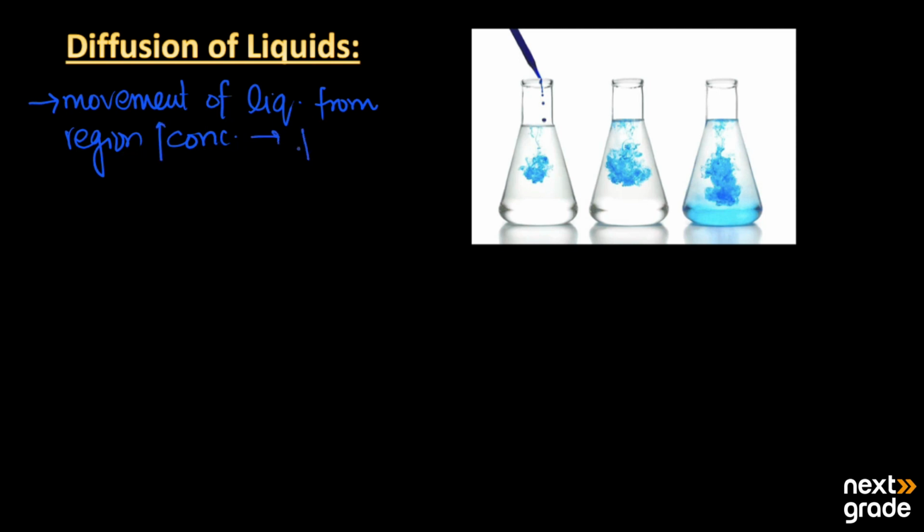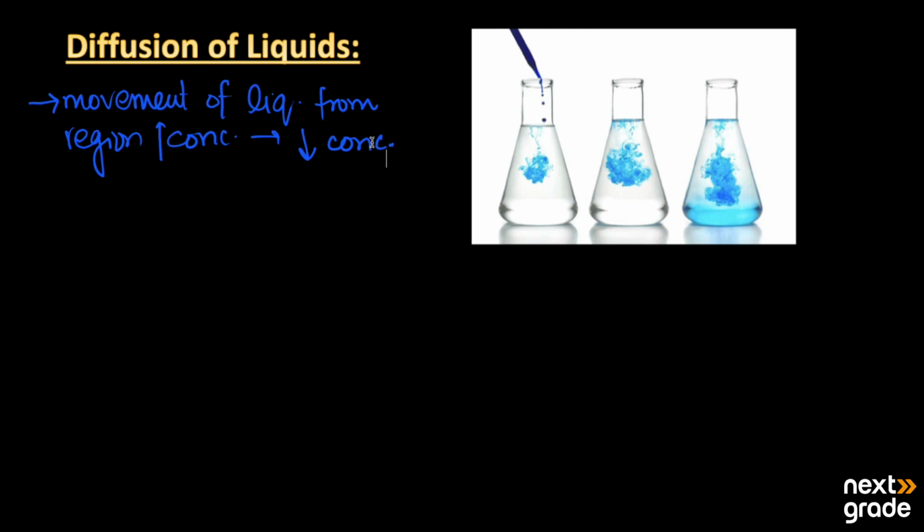Diffusion is the movement of liquids from the region of high concentration to the region of low concentration. Now what is meant by from the region of high concentration to the region of low concentration?